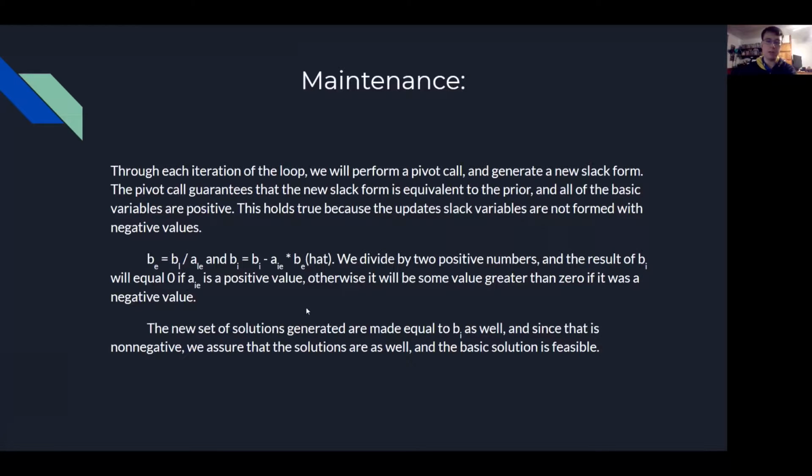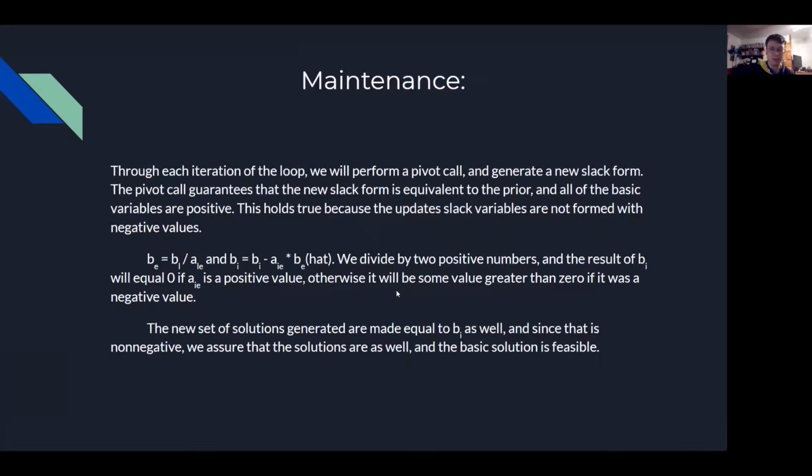When you divide by the coefficient at the spot L of E, it'll be a positive number. But in the statement where we subtract it, at spot I of E, it's possible for it to be positive or negative. If it's positive, then it'll cancel out with the new slack variable at index E, and it'll be equal to 0.